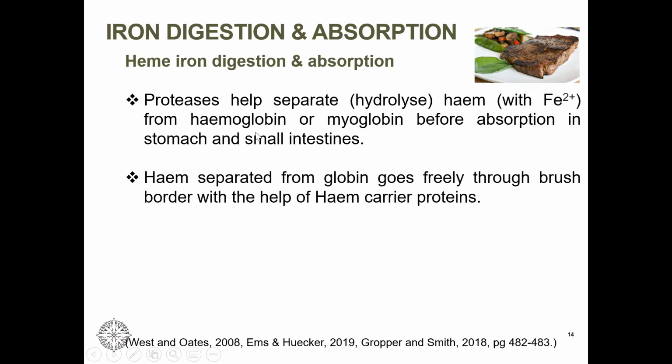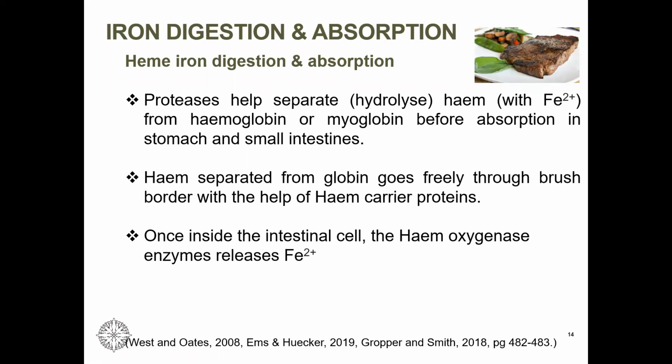Then second, in the heme sources, we are getting iron as ferrous, or sometimes the entire protein is coming together. So we have a specialized carrier, heme carrier protein. So heme simply gets attached to the heme carrier proteins at the brush border and goes inside the enterocytes.